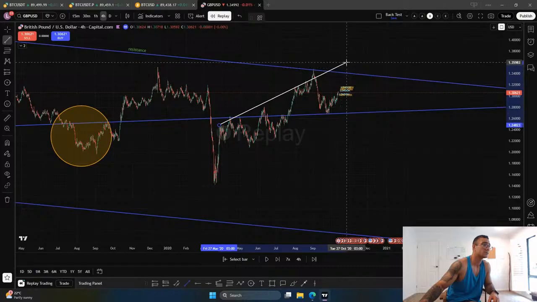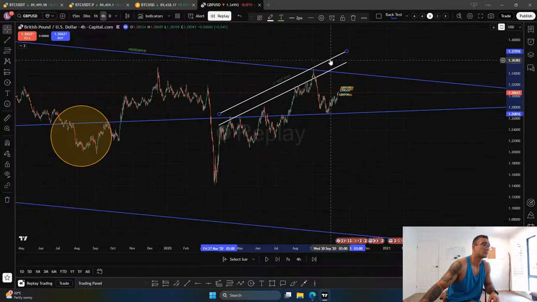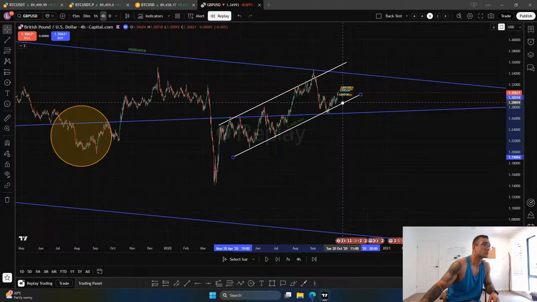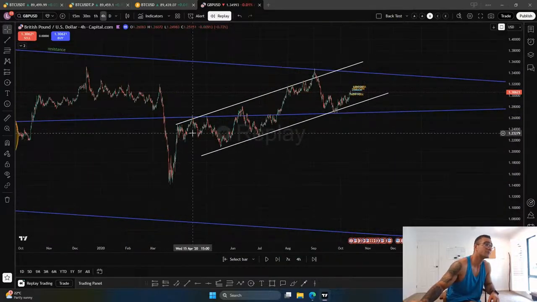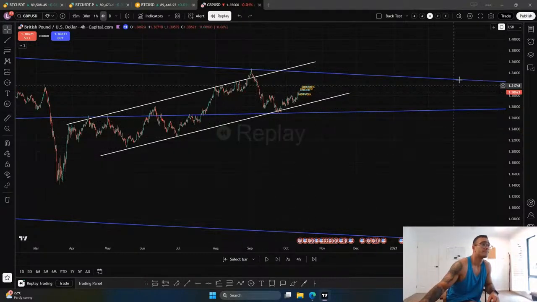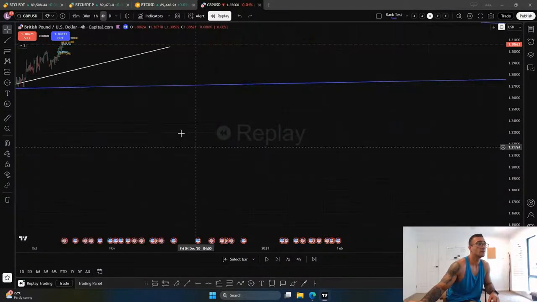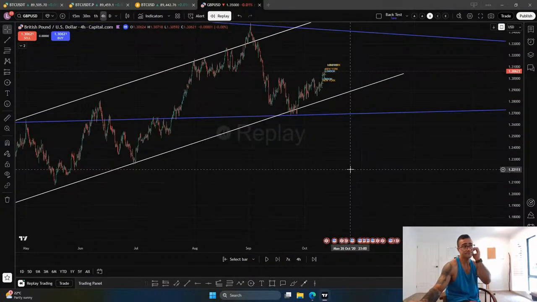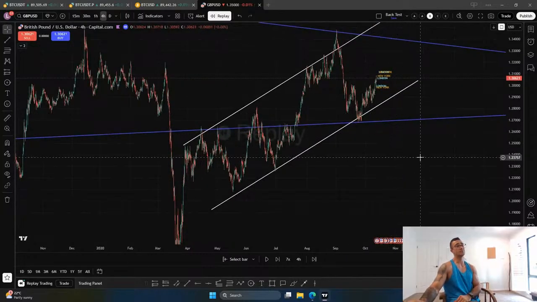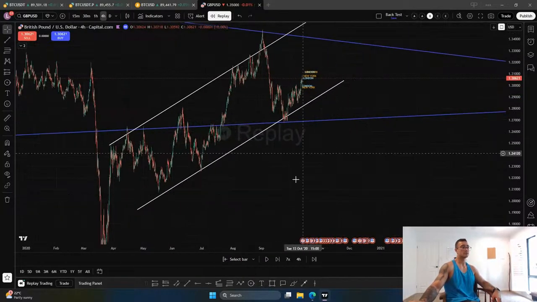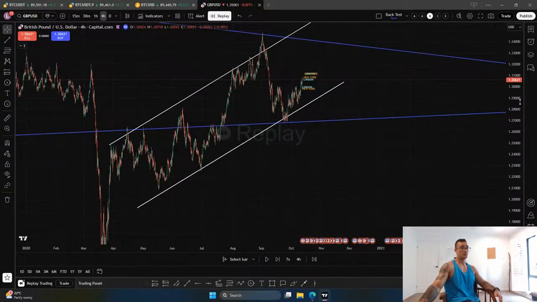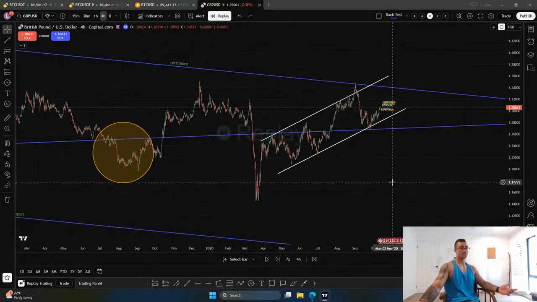What can I see? Just using support and resistance trend channels. Look at that. Perfect. So we've got a bit of a channel going on here. Now, what I'm looking for is whether it's going to continue in this direction or we're going to follow in the direction downwards.